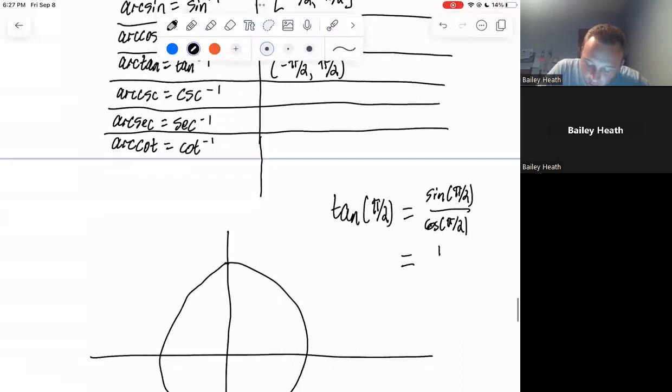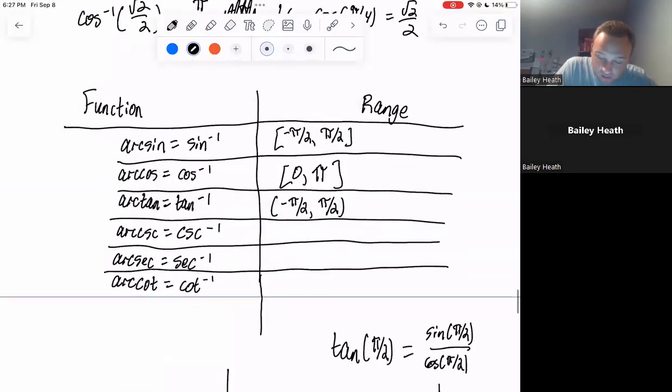Sine of pi over 2 is 1, and cosine of pi over 2 is 0, so this is undefined. Okay? So that's why we chop off the endpoints on the arctangent range, because tangent of pi over 2 and negative pi over 2 is undefined.